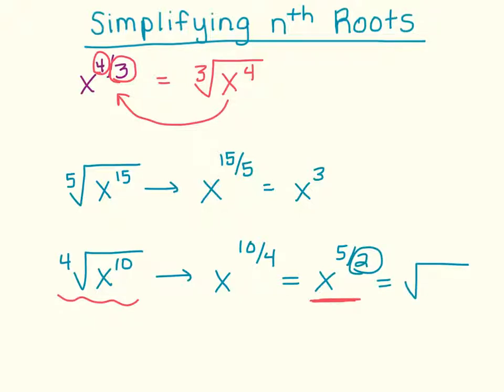And if it's a square root, we don't put any number out here. The default here is a 2. And then this would be an x to the 5th on the inside. So that would be this same thing, the 4th root of x to the 10th, simplified, written in radical notation. These two things are really saying the same thing. It just depends on what the directions are saying to do.